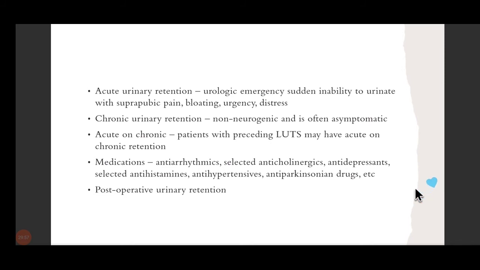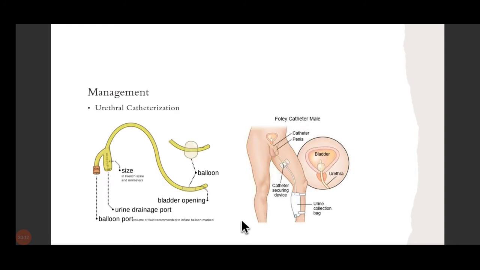There are an exhaustive list of medications. So I've mentioned a few, haven't mentioned all of them. And the patient may also end up in urinary retention after a surgical procedure. So the management involves inserting a Foley catheter. On the left side, you see a Foley catheter.